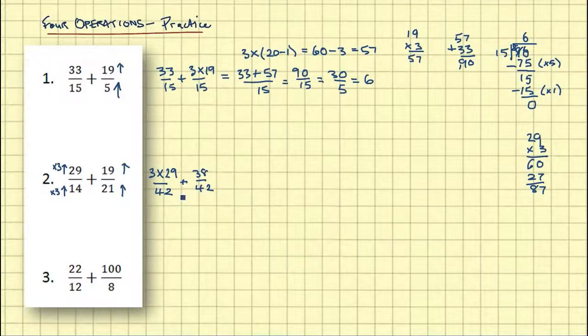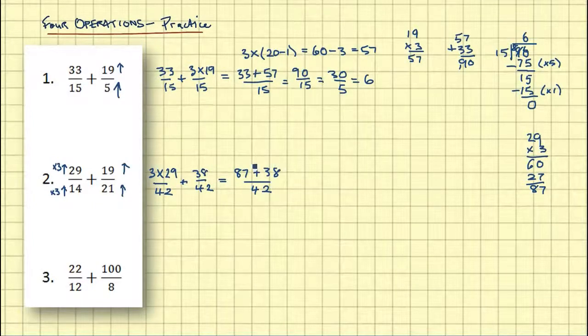Okay, so we've got 38 here divided by 42. So that's rewritten this problem to look like this. So 3 times 29, we've worked out is 87. So we've got at the top 87 plus 38. And we divide through by 42.